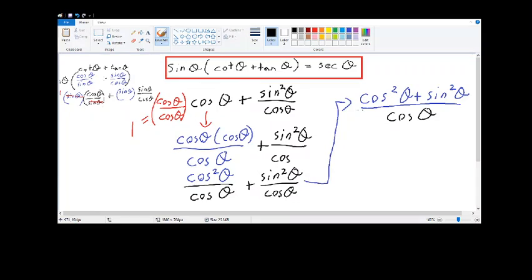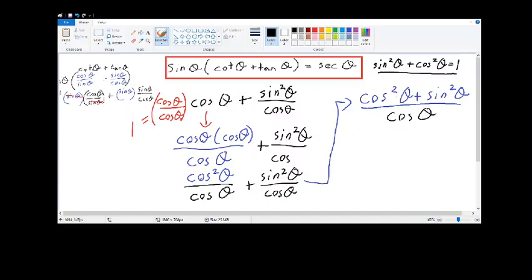Now at this point is when the identities should kick in, specifically the Pythagorean identity, that whenever you have a cosine squared added to a sine squared, that is the equivalent of 1. Remember that sine squared theta plus cosine squared theta is equal to 1 as one of our identities.